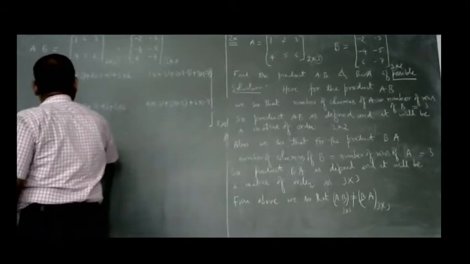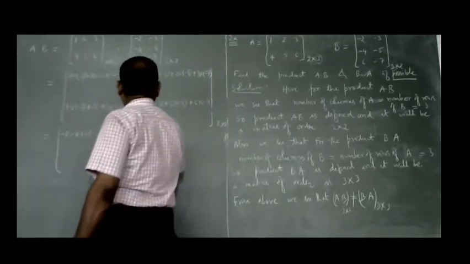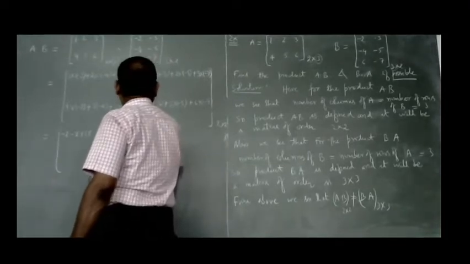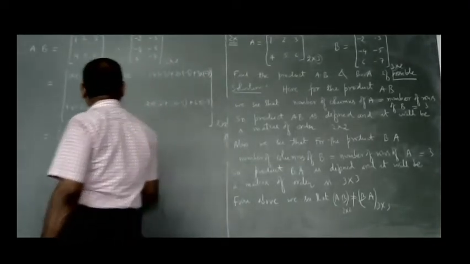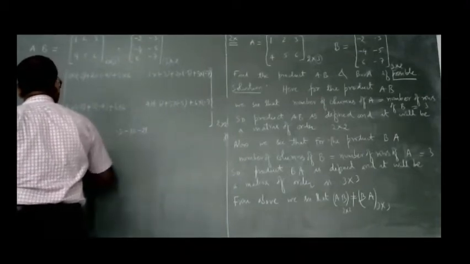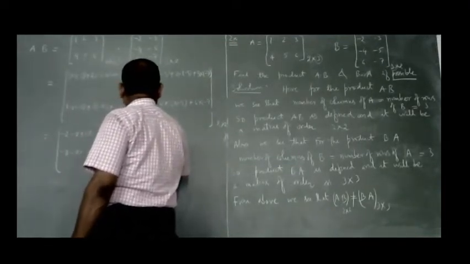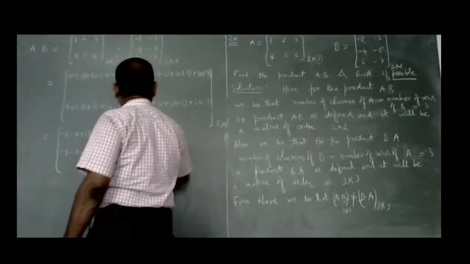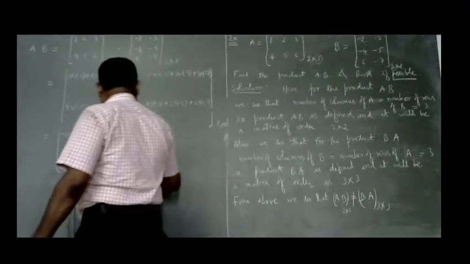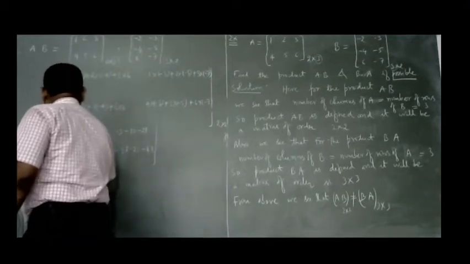minus 8 plus 18, minus 3 plus minus 10 minus 21, minus 8 minus 20 plus 36, minus 12 minus 25 minus 42. And after simplifying, you can get 8.